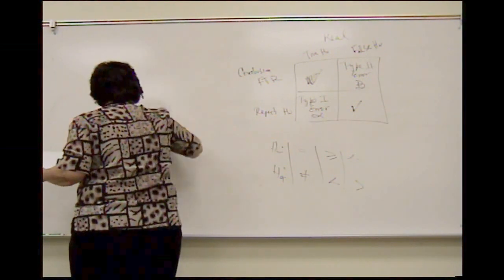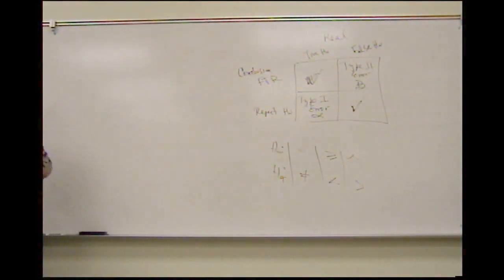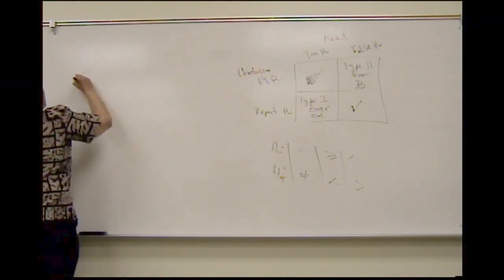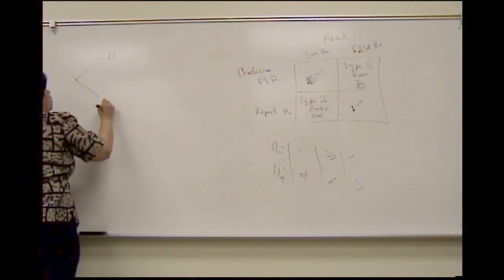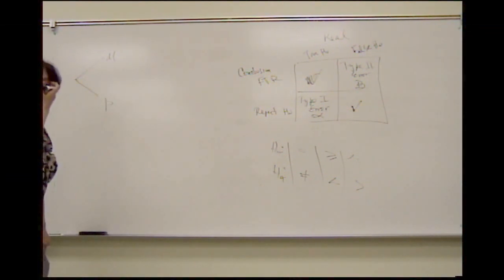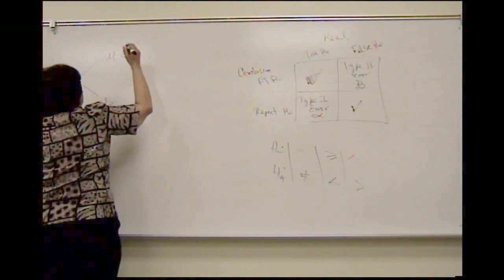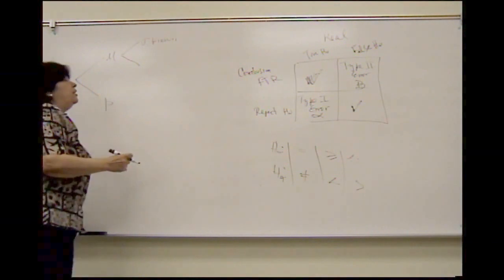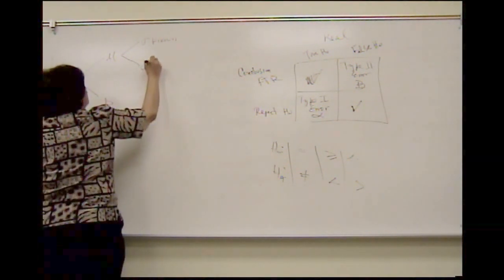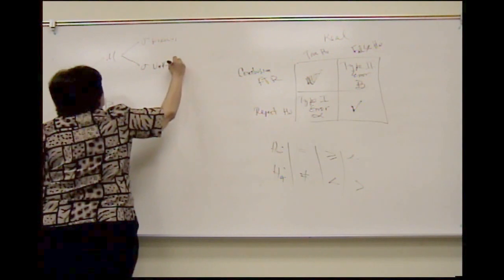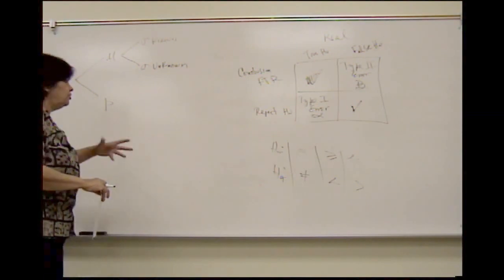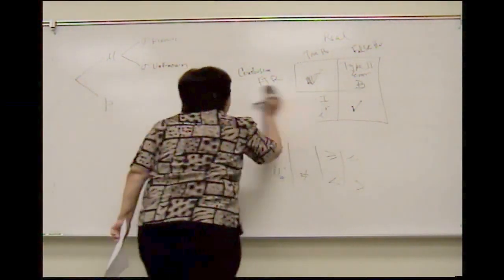In this chapter, chapter 9, we have hypothesis about what? Two parameters, the population mean or the population proportion. Okay? In the population mean, we have two alternatives. Either we know the standard deviation of the population, or we do not know the standard deviation of the population. In P, we don't have this situation, so don't worry about that.